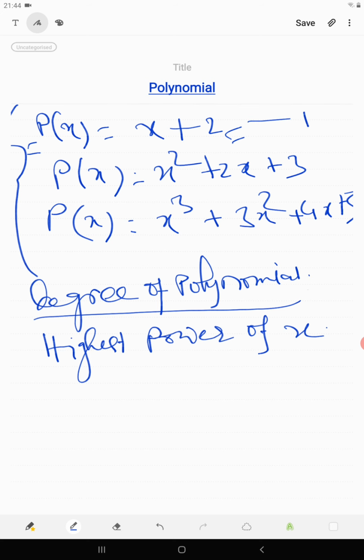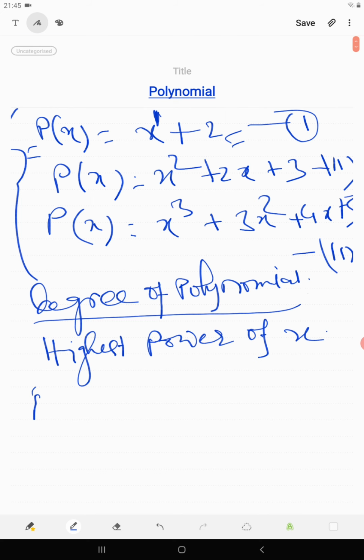See, in the case of the first equation, you can clearly see that the maximum power of x is 1. So for equation 1, degree is 1.